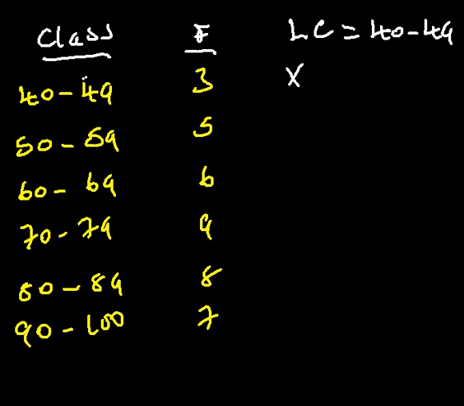Then we are going to have the midpoint of that particular class. Mind you, the midpoint of the class interval is given as the upper value plus the lower value divided by 2. That is the formula for the midpoint for the given class. So what is the upper value? Upper value is given as 49. And plus what is the lower value?